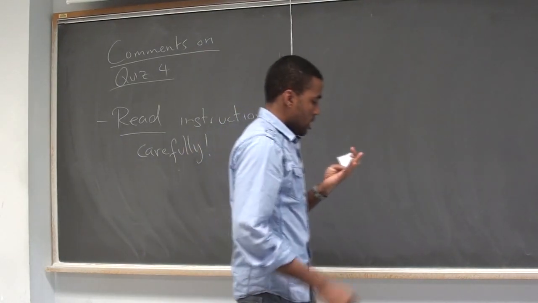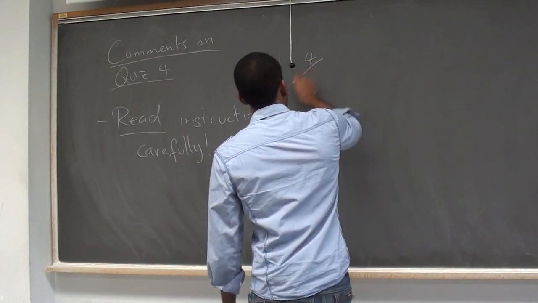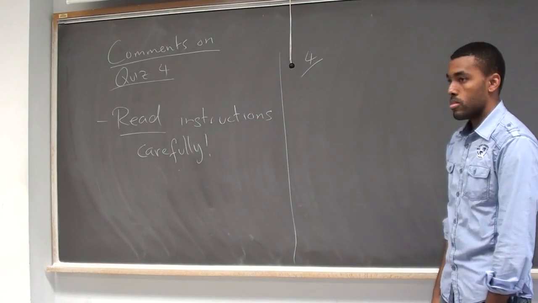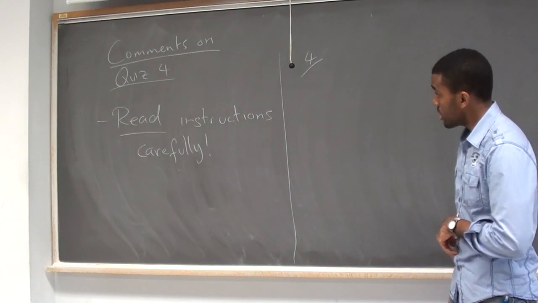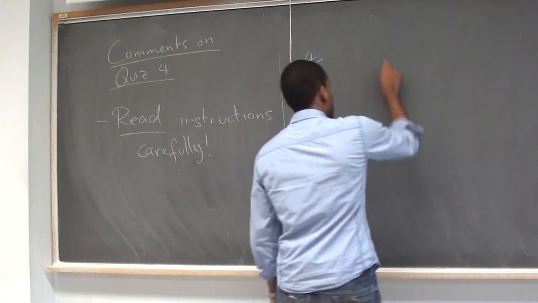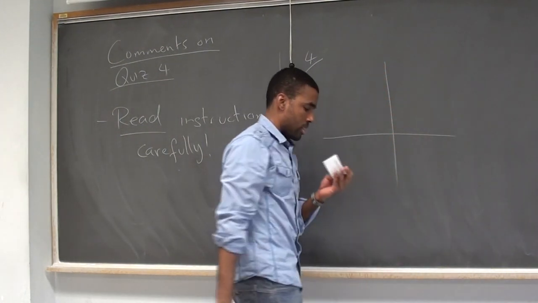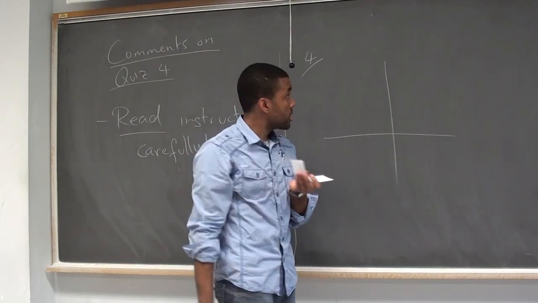Another comment is from problem 4, quiz 4. It was A and B, so I can switch around. It's sort of the same thing. There was one where I asked about the second quadrant.